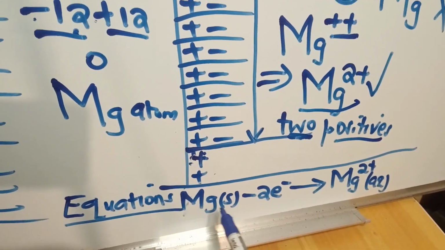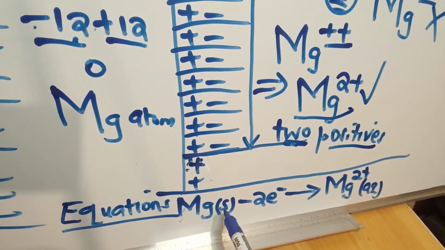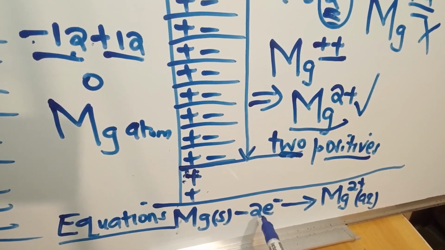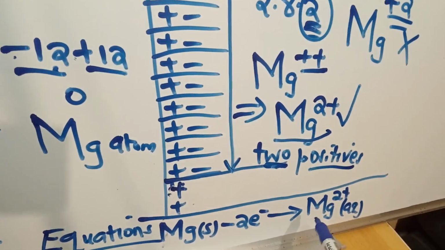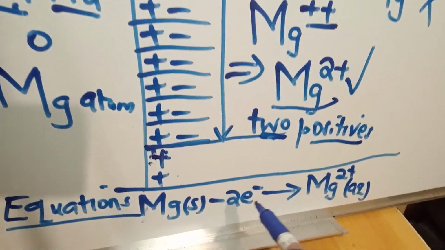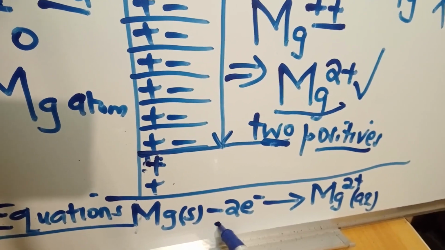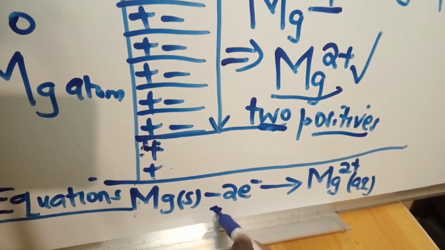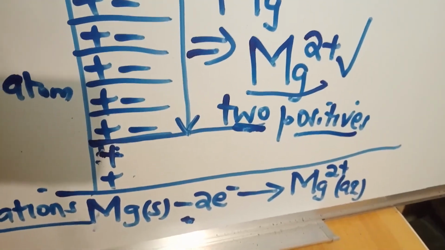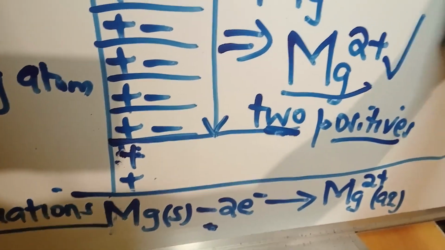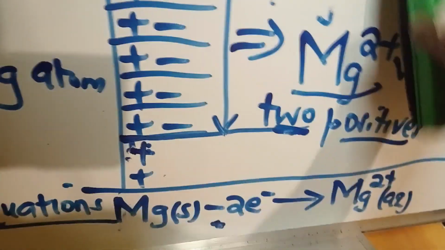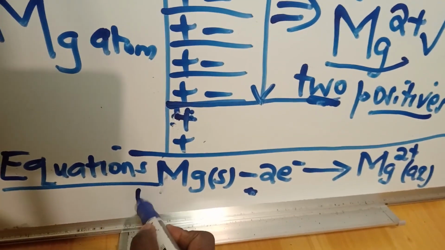So Mg, this is the magnesium atom. It is in the solid state. Minus here means it is losing 2 electrons, losing because it is a metal. And then we end up with magnesium ion. But we usually avoid having this negative on the left hand side of the equation. So the final equation will then be, let me write it on top here, the overall equation. So this is the equation that you start with.